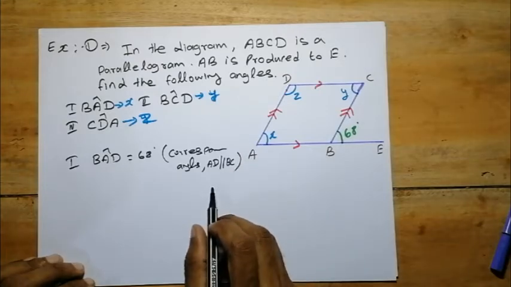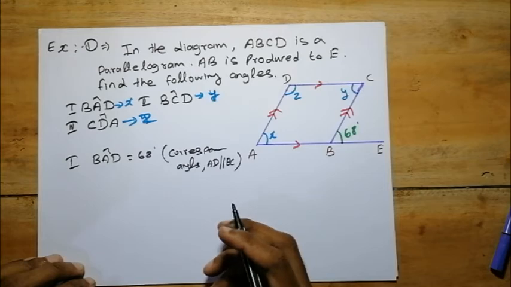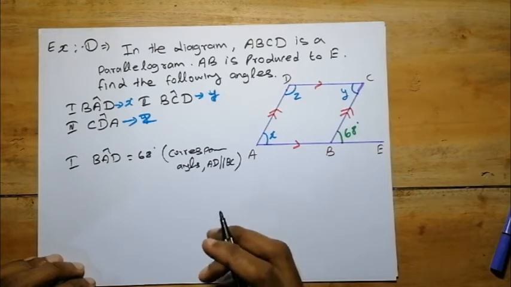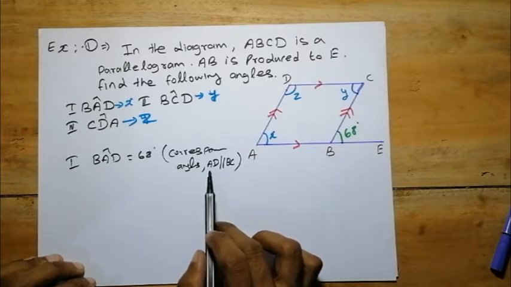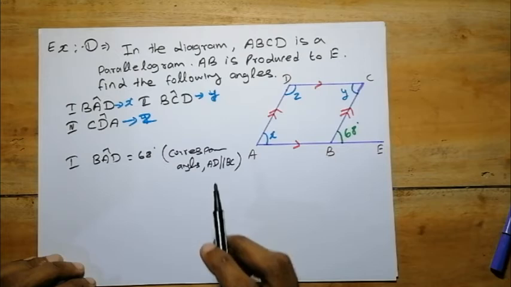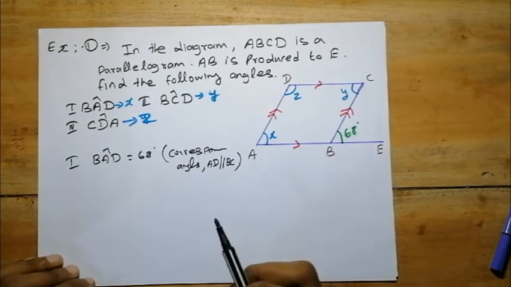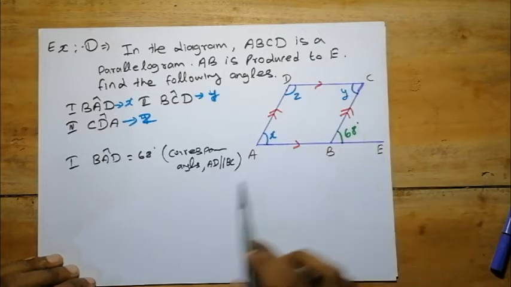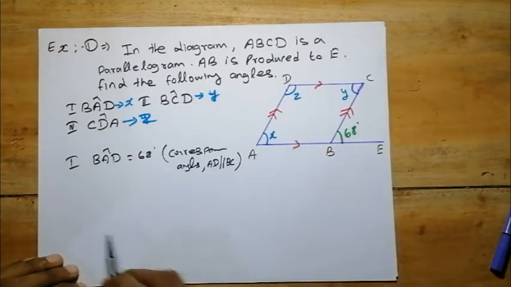It is a must. It is very useful. Those who are correcting your answer, if they see this part, will think you have the right idea. So AD parallel BC, we need to write it with the reason.